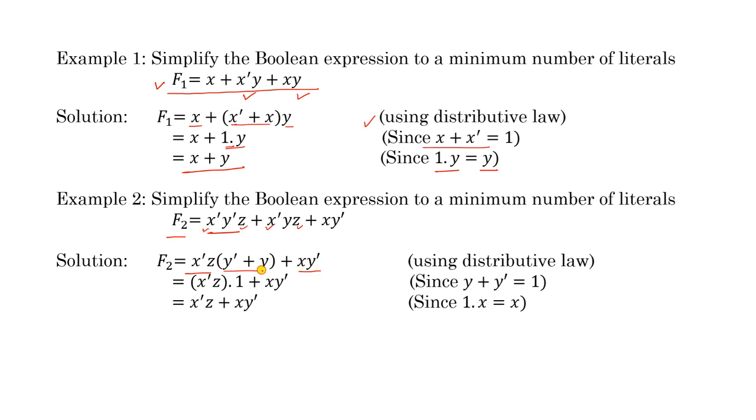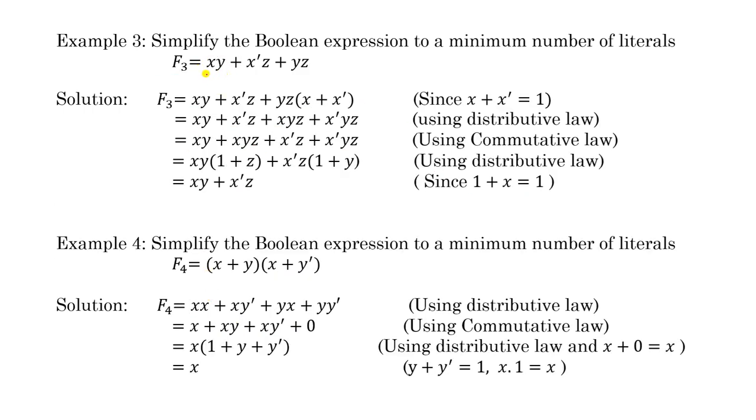Now y dash plus y equal to 1, so you can write it as x dash z dot 1 plus xy dash, and x dash z into 1 is equal to x dash z, so you can write it as x dash z plus xy dash. So this is the simplified expression of f2. In this only two terms are there.